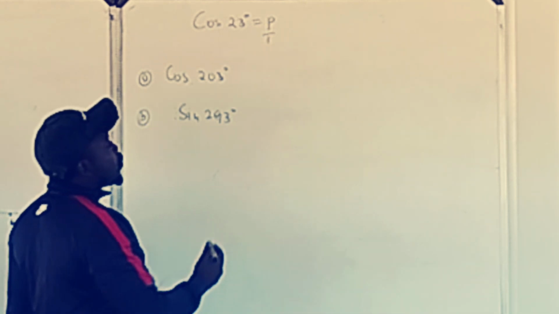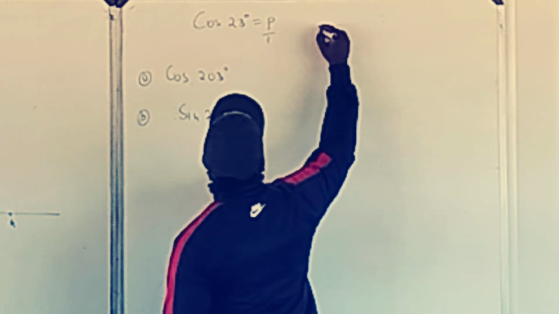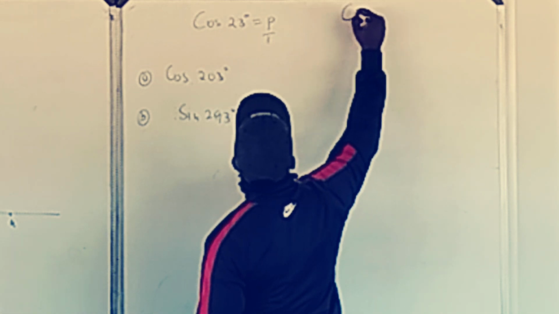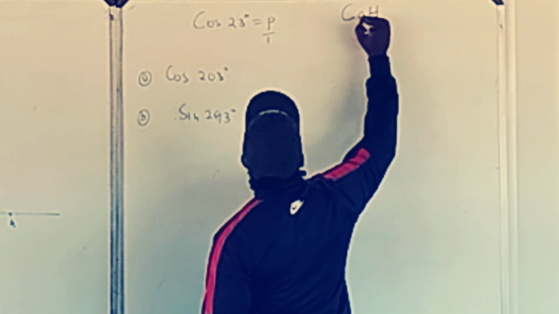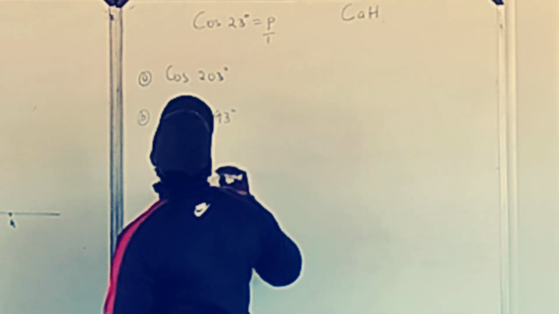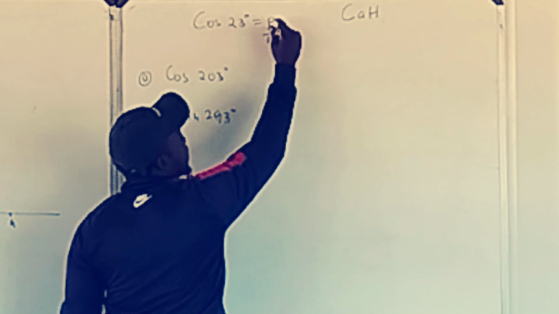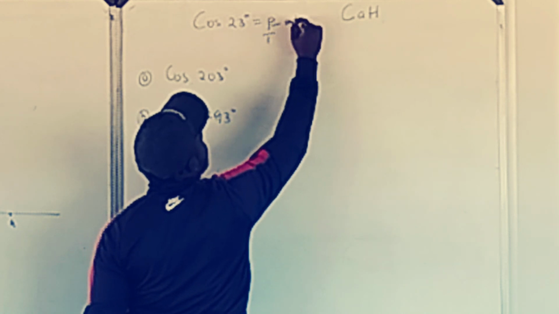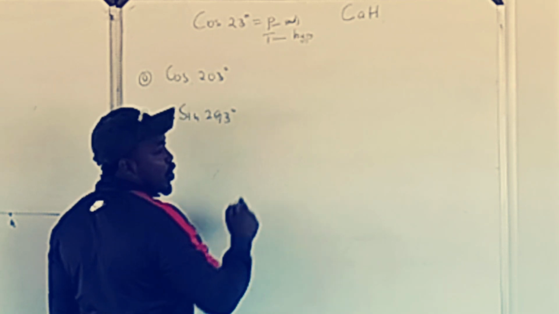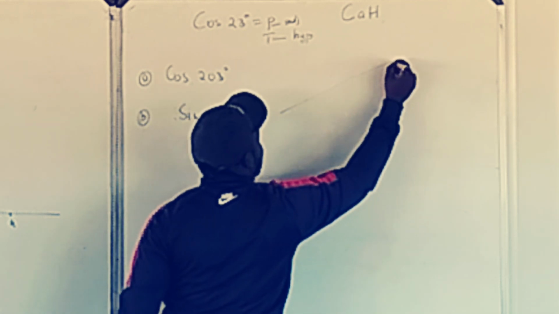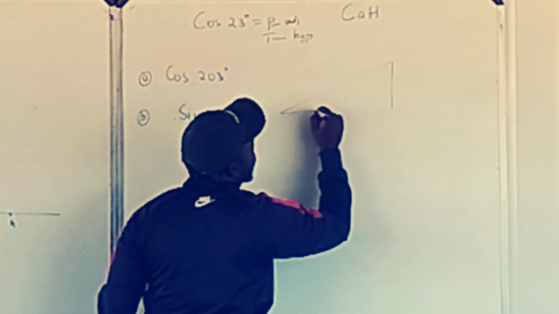When you go to SOHCAHTOA, we know that your cos will simply be adjacent over hypotenuse. So the one on top is our adjacent side, and the one at the bottom is the hypotenuse. Draw a triangle. This one is not quadrant specific.